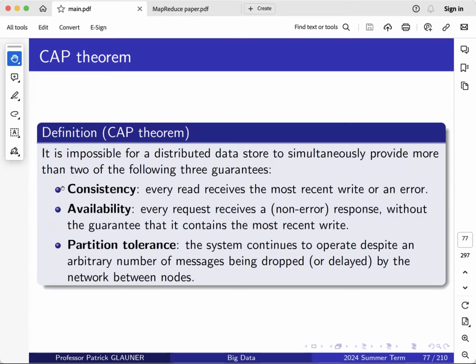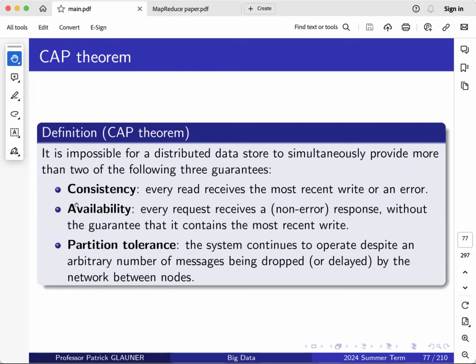And we all want them to get exactly the same state of the social network. So we want our nodes that are distributed around the world to be consistent. We also want high availability, so we don't want our users to actually wait. So availability is important. That's why we maybe have multiple nodes.